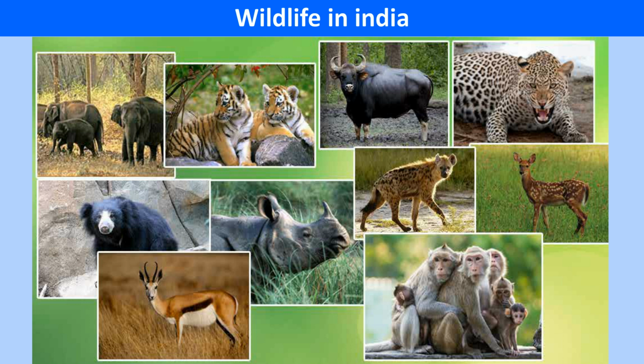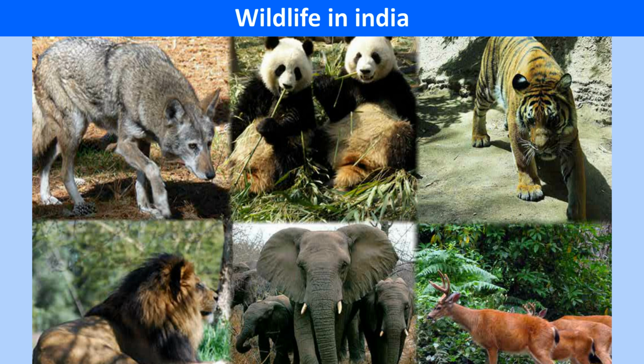The elephant, tiger, leopard, one-horned rhinoceros, Indian bison, sloth bear, hyena, mongoose, wolf, jackal, fox, porcupine, wild sheep, wild goat, as well as several species of deer, antelope, and monkeys are some of the wide range of animals found in India. There are about 89,000 animal species found on land and water, including 2,500 species of fish exclusive to India.